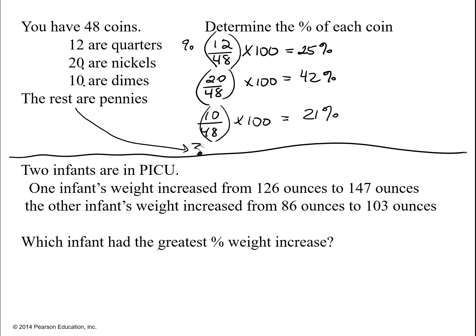All right, so down here, two infants are in the perinatal ICU, the PICU. One infant's weight increases from 126 to 147 ounces. The other infant's weight increases from 86 ounces to 103 ounces. The last question says, which infant had the greatest percent weight increase? If you were looking for a percent weight increase, what would you do?